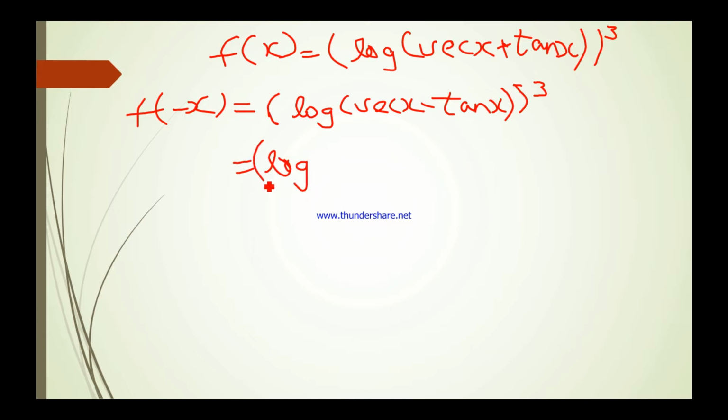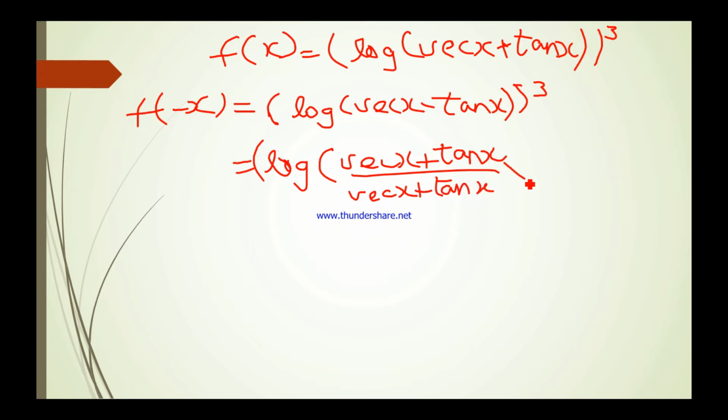What's the conjugate of sec x minus tan x? Sec x plus tan x. So we'll get log of (sec x plus tan x) into (sec x minus tan x), divided by (sec x plus tan x), the whole cube.